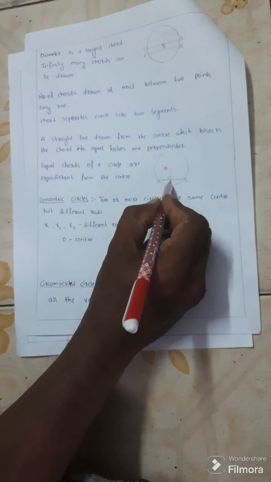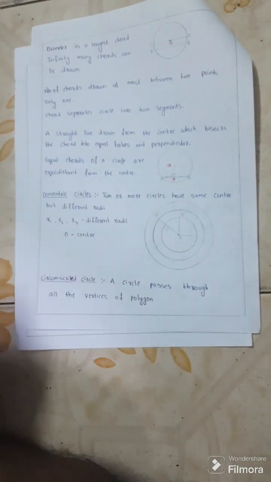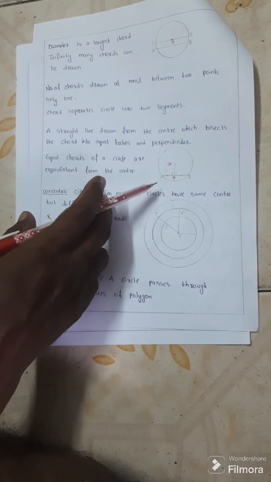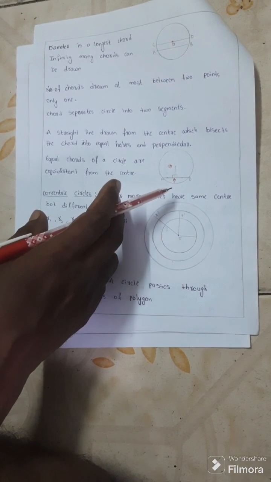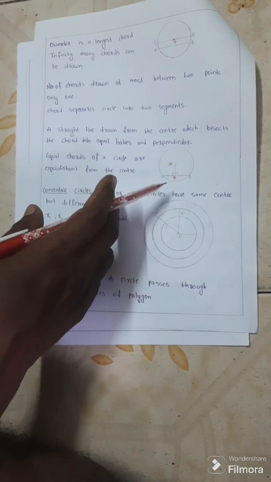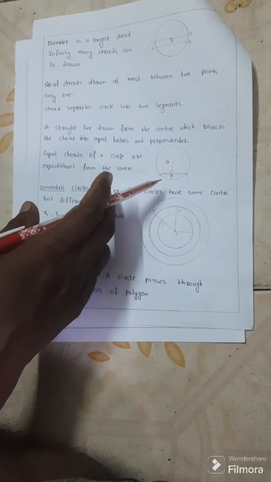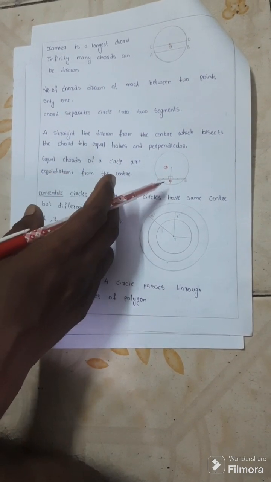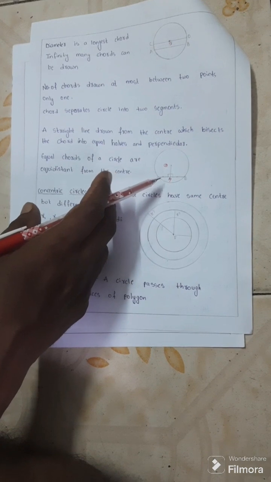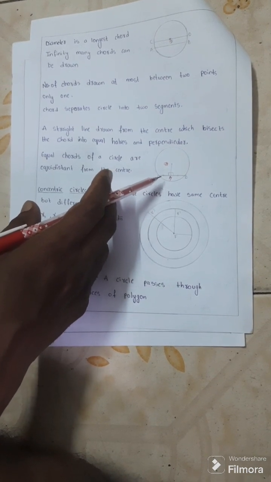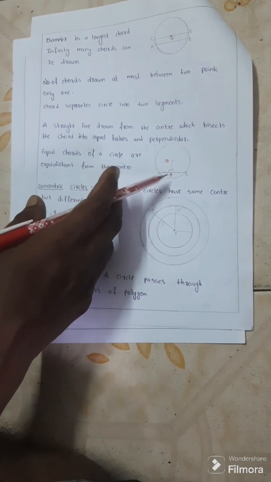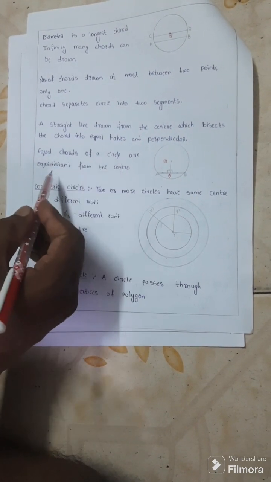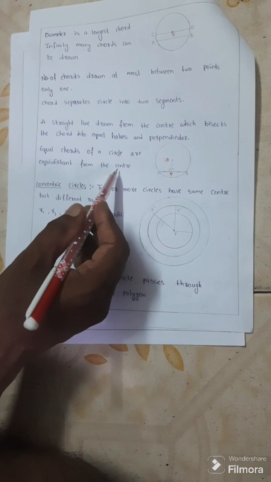Call it OM. OM divides AB into equal halves, so AM equals MB. Both are also perpendicular to each other, 90 degrees each, because the sum is 180 degrees, a straight angle. Equal chords of a circle are equidistant from the center.